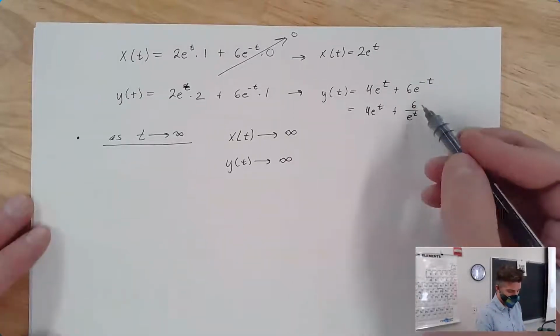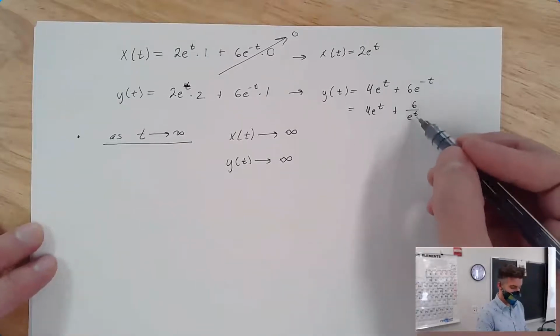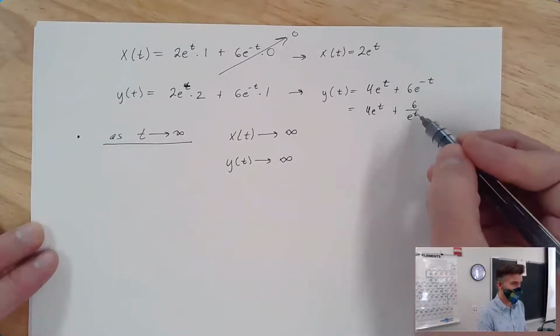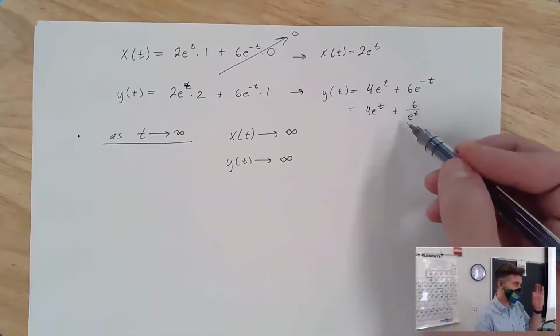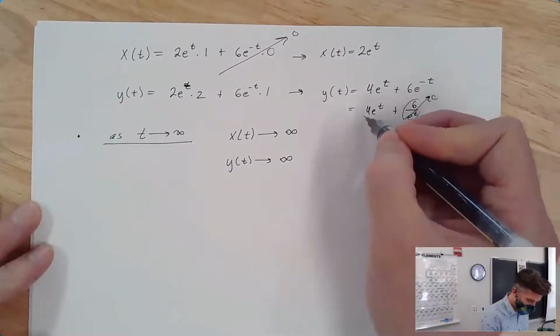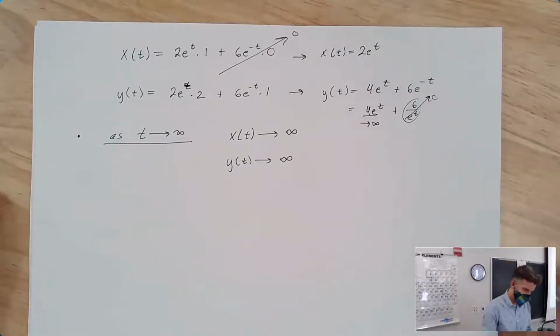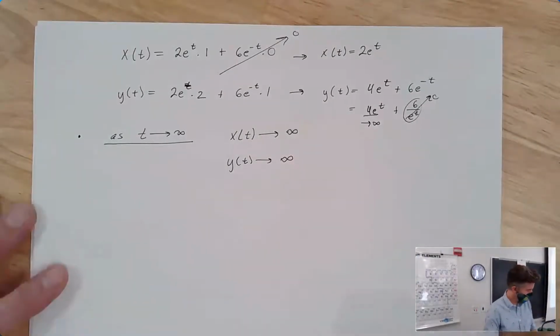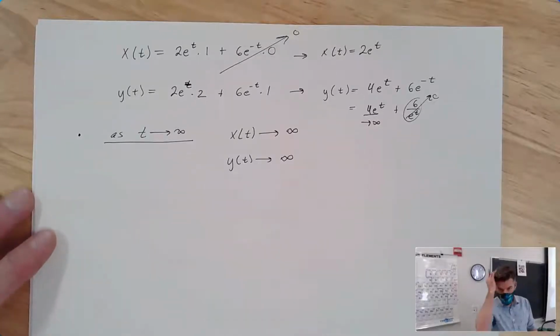So it's not that this is balancing that out. 6 over e to the t, as t gets larger and larger, e to the t gets very, very large, and 6 divided by e to the t gets very, very small. So this is going to 0, but this is going to infinity.